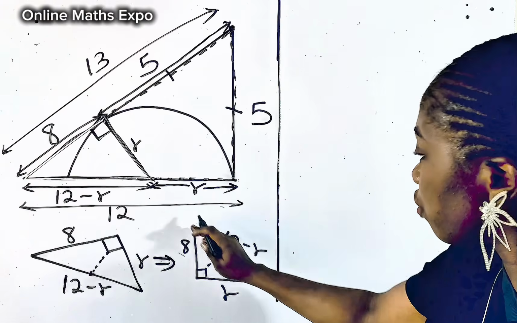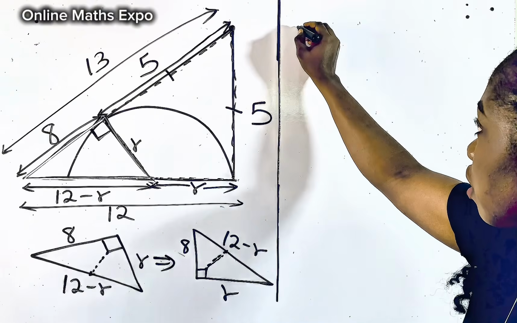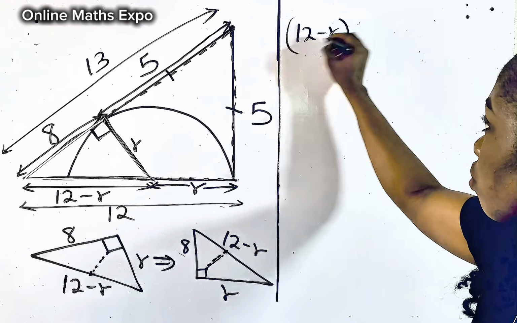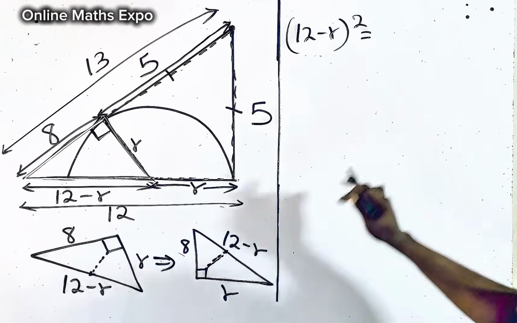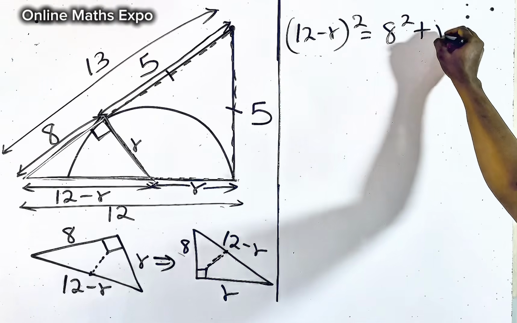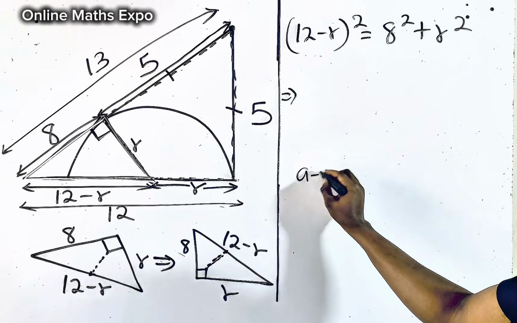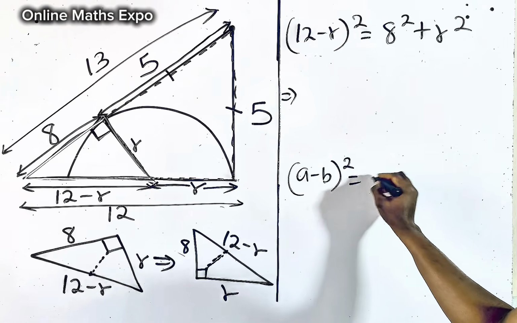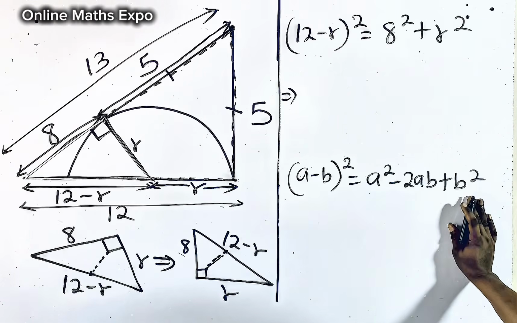We square the longest side, the side opposite to the right angle. Square it, you have (12 minus r) squared should be equal to the squares of the two legs summed, and that gives us 8 squared plus r squared. To expand this, just remember that for every (a minus b) squared is equal to a squared minus 2ab plus b squared.